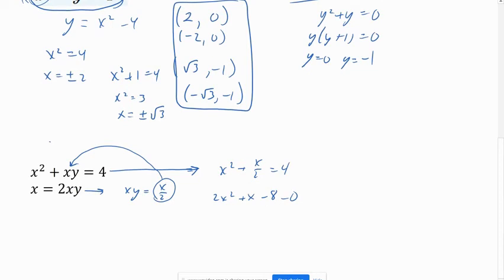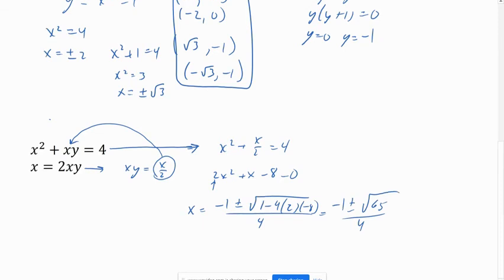We could try solving it by factoring, or I'm just going to go right to the quadratic formula because of the 2 in front. And that will give us x equals negative 1 plus or minus the square root of b squared minus 4ac, over 2a. And so that's going to be negative 1 plus and minus the square root of 65, over 4.